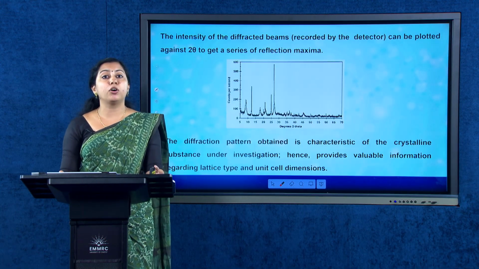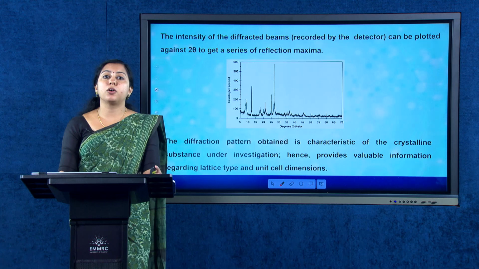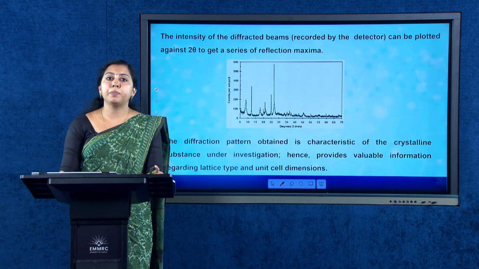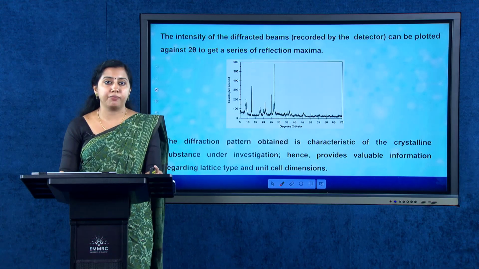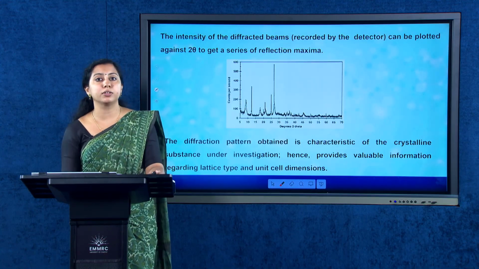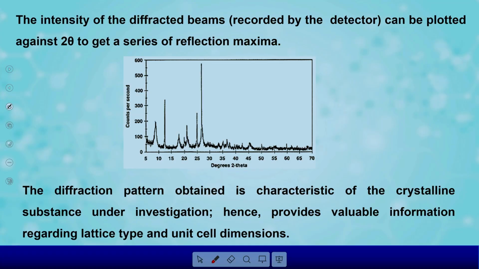The intensity of the diffracted beams recorded by the detector can be plotted against 2 theta to get a series of reflection maxima as you can see on the screen. You have the intensity of the diffracted beams on the y axis and the angle 2 theta in degrees on the x axis.